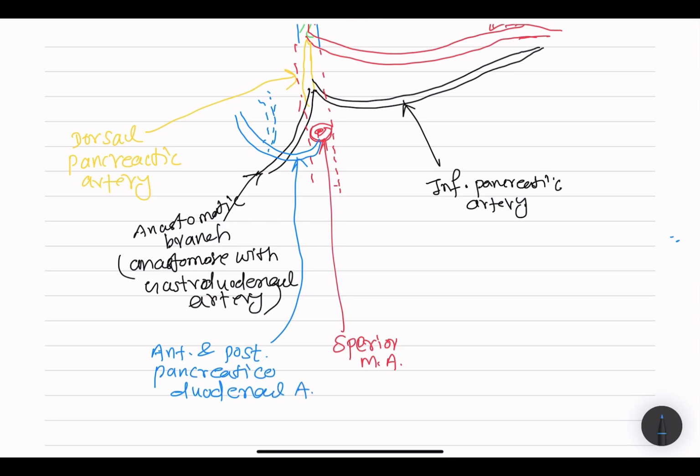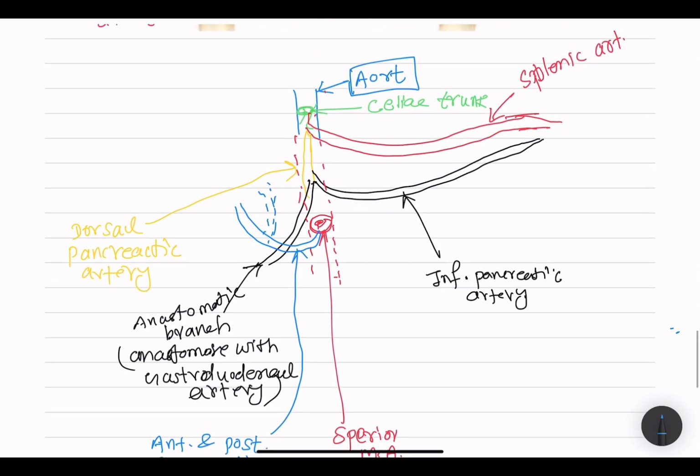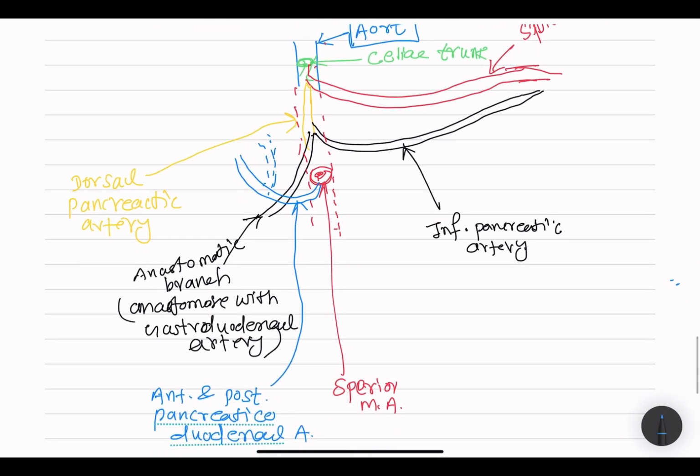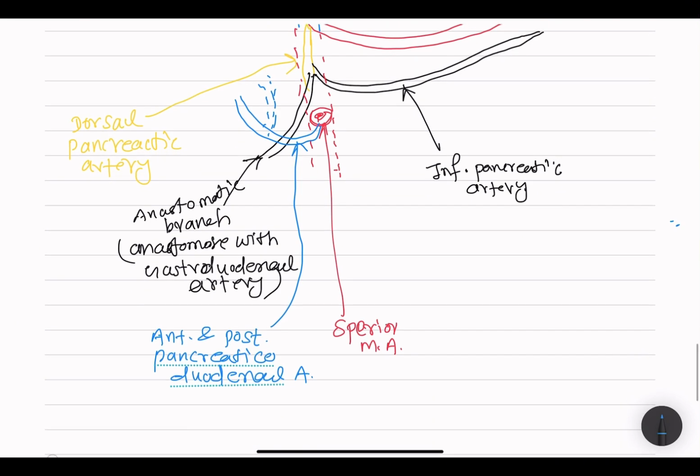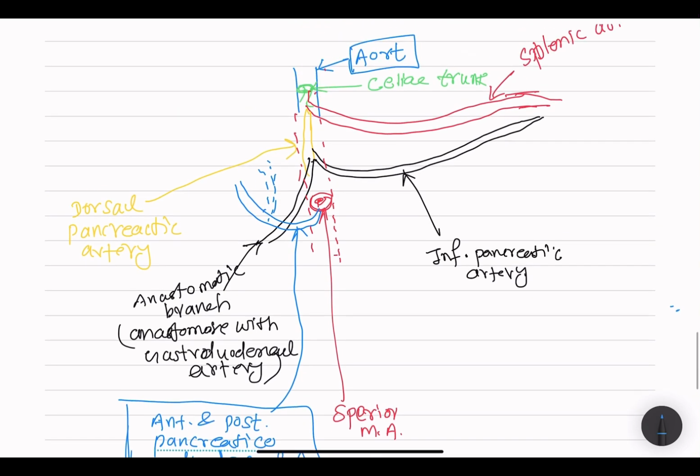So you understand from where the anterior and posterior pancreaticoduodenal artery arises. It arises from the superior mesenteric artery, not from the celiac trunk. So it's very important to know this artery, anterior and posterior pancreaticoduodenal artery. It's a very common question, because sometimes we don't focus on this artery, but it supplies the head of pancreas.